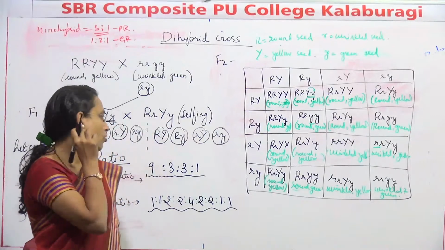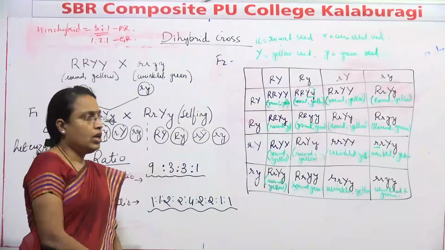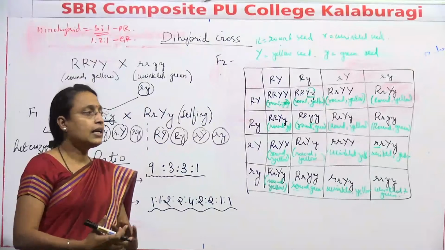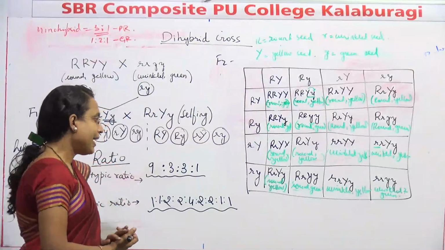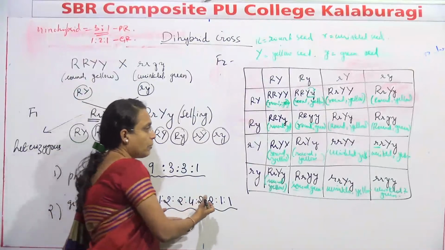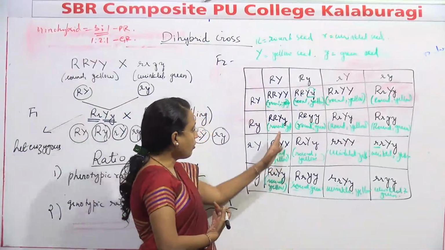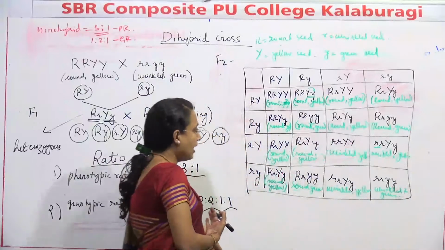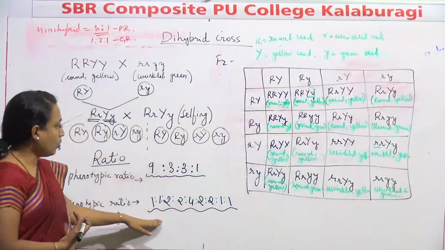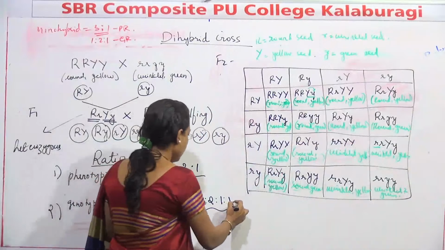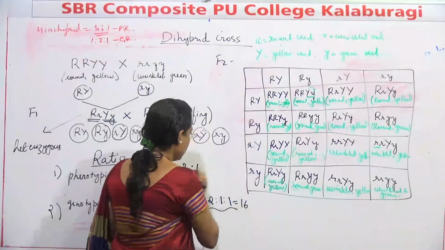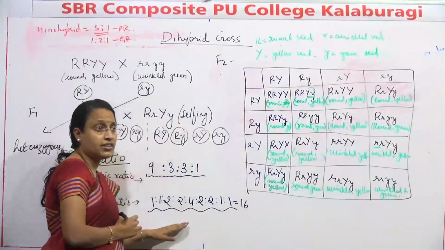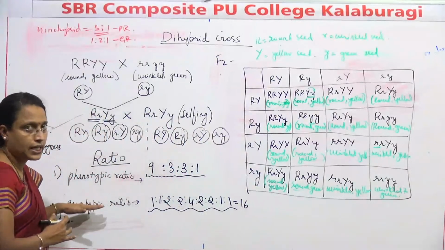So this was about the genotypic ratio. How to know whether you have written a correct genotype or not? That will be based on the total number of offspring. The total number of offspring obtained here will be 16. Understand? So if the total here is also 16, it is a confirmation that you have written a correct genotype.